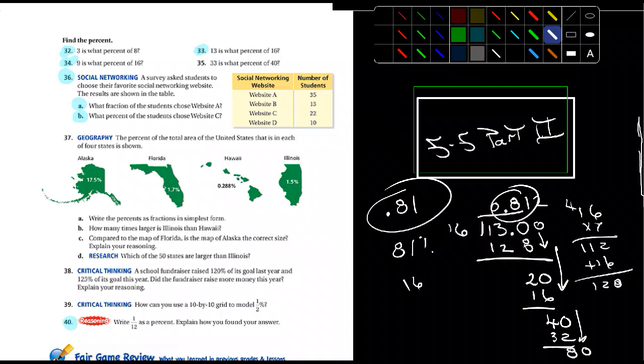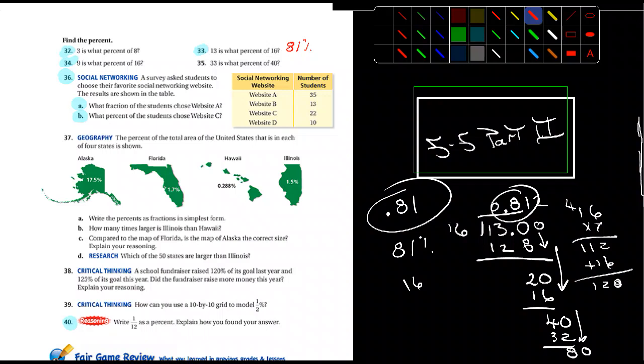Okay. So there's your answer to that, which was 33. So we'll say 81%. That's how you do those.